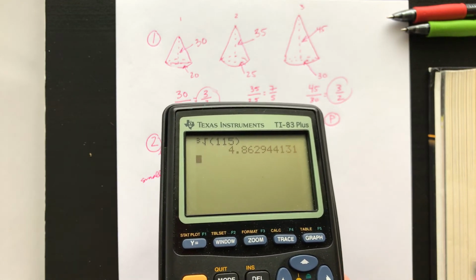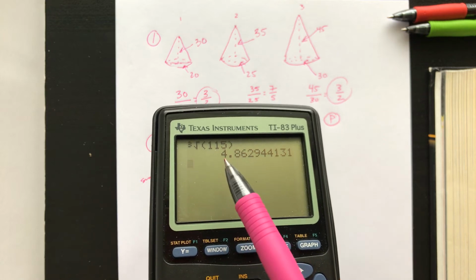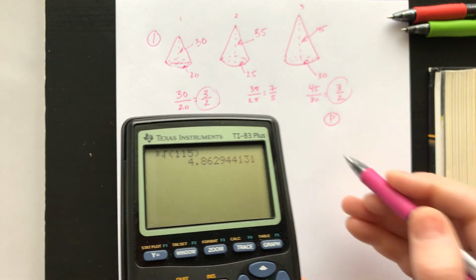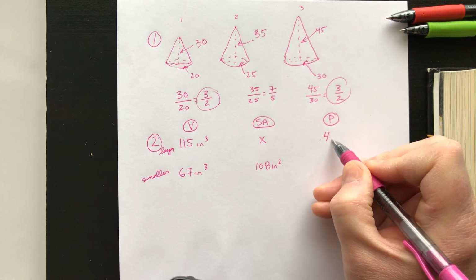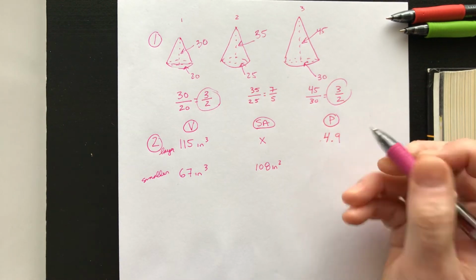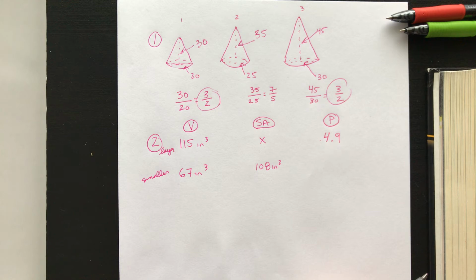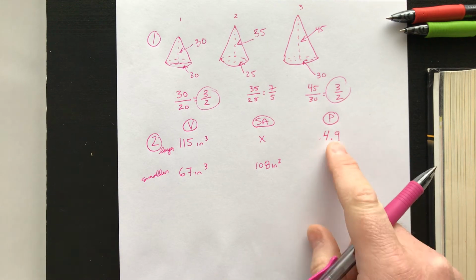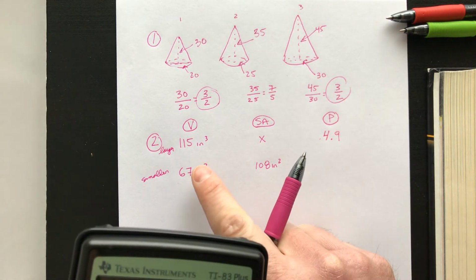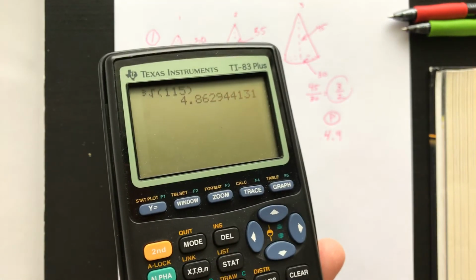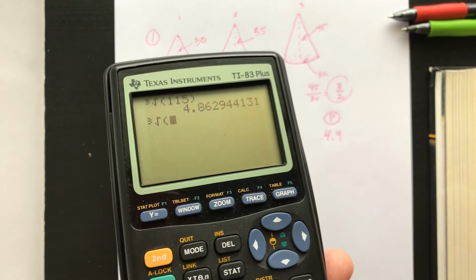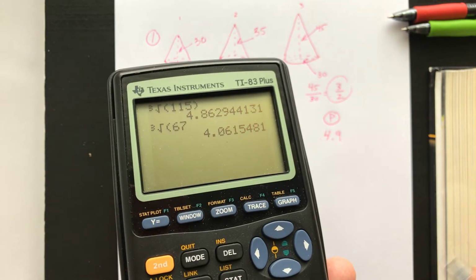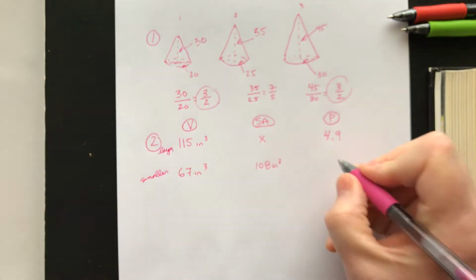The reason we do the cubed root is because we have to get this number, which is the first level of our solid figure. That's the perimeter level. And then we need to take the cubed root of 67. So once again, math, go down to number 4, cubed root of 67, enter. I got 4.1.